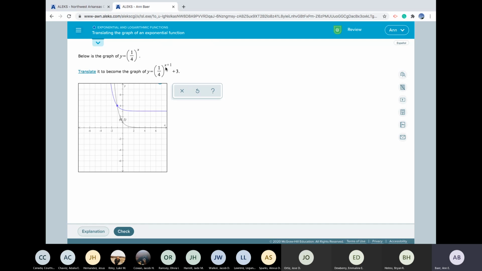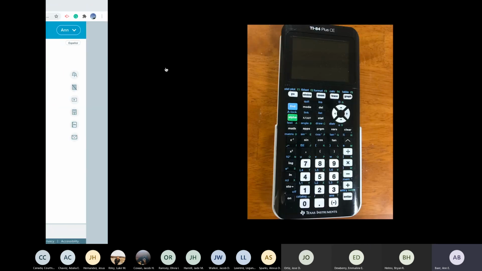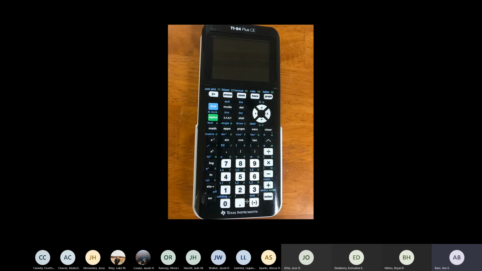Now I think that the x is -1 in my ordered pair. So I'm going to put -1 in. The negative sign is right here in the bottom row of this calculator.